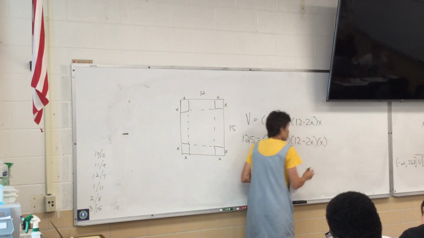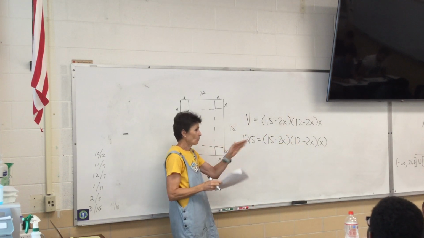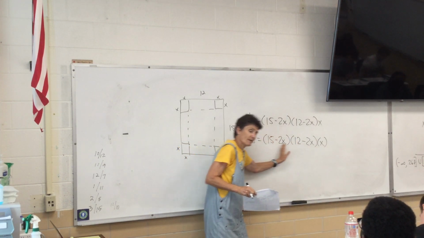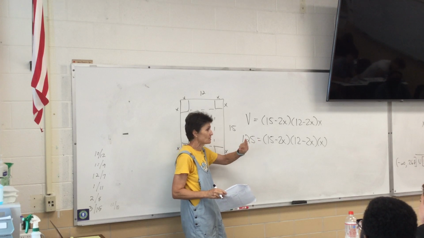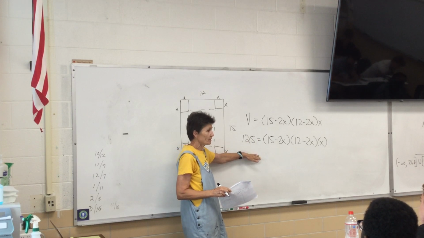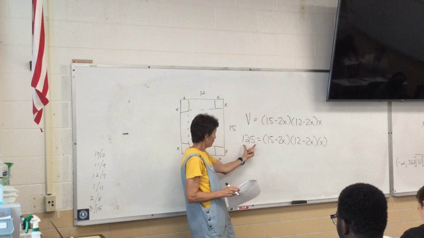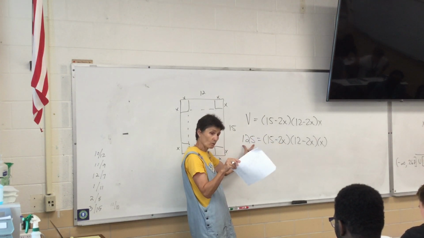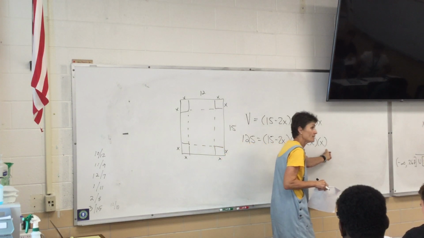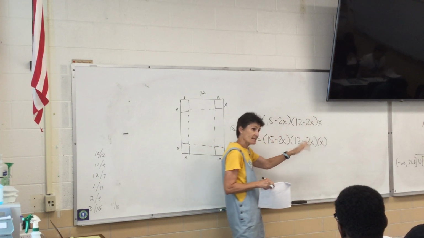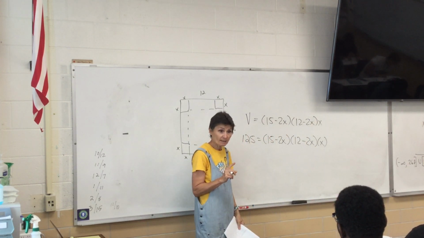Now, you've got a choice here, and neither one of them involves foiling. Do not foil that out. That would be a waste of time. Don't need to do it. We're going to do this on our calculator. If we leave it like this, then we'll put in 125 as one equation. We'll put in all this with the parentheses as the other equation, and look where they intersect.